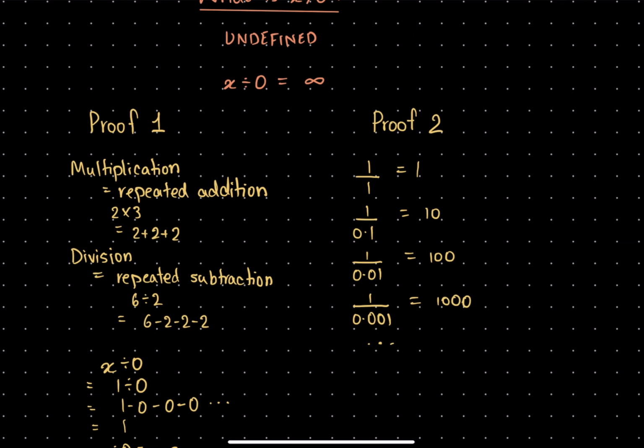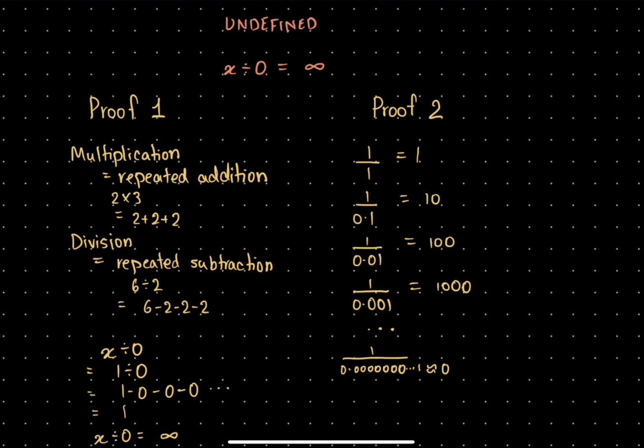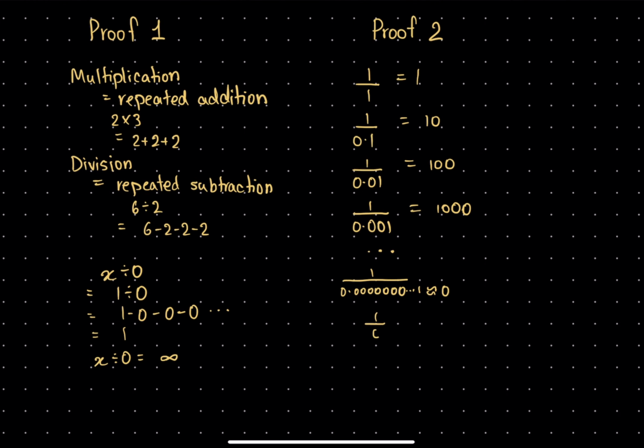Now, if we continue like this, at some point, we're going to get a really, really, really small number, 0.0000000, and it would go on for a long time. And we would call this 0. So 1 divided by 0 gives us infinity, because the smaller we go, the larger our answer.